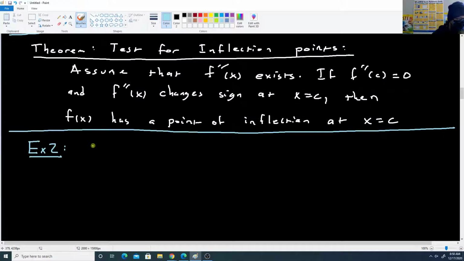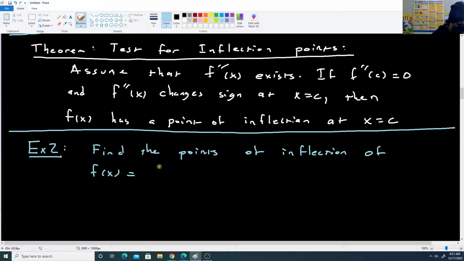So we're going to say find the points of inflection of f of x equals cosine of x on 0 up to 2 pi.